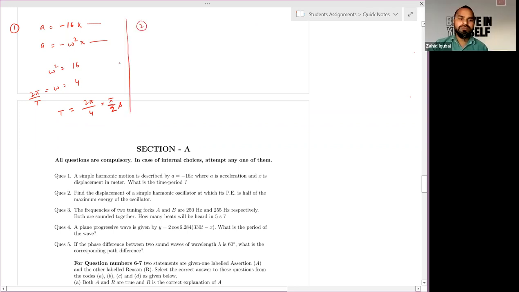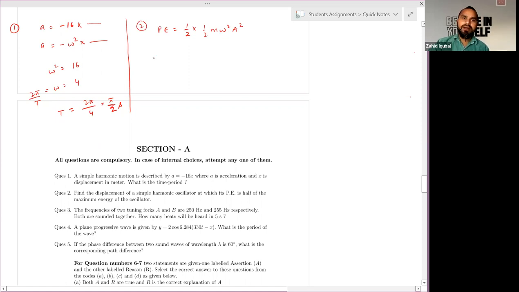Question number 2. Find the displacement of a simple harmonic oscillator at which potential energy is half of its maximum energy. According to the relation, potential energy is half of maximum energy. Maximum energy is half m omega squared a squared.